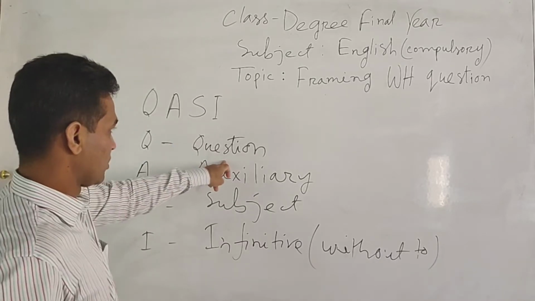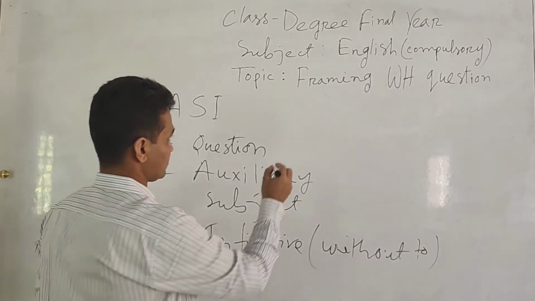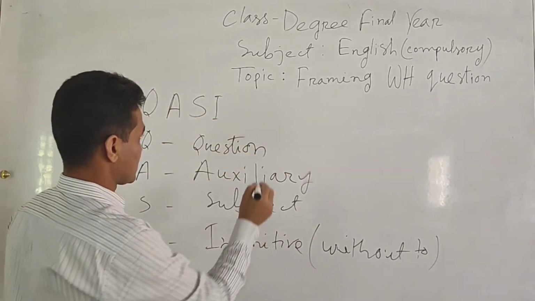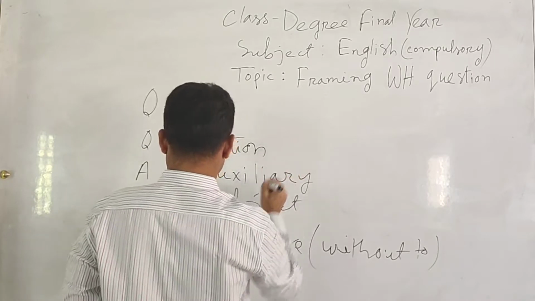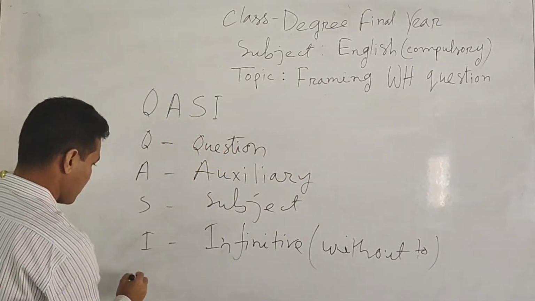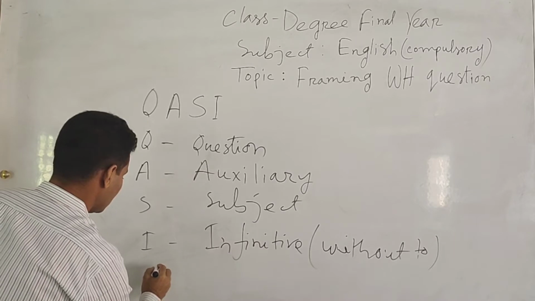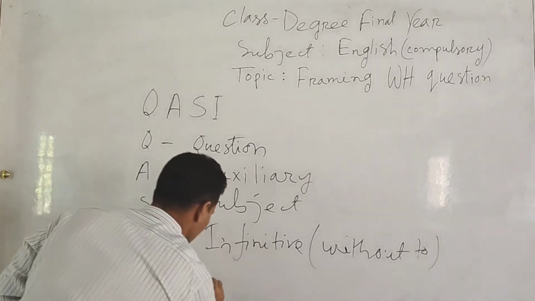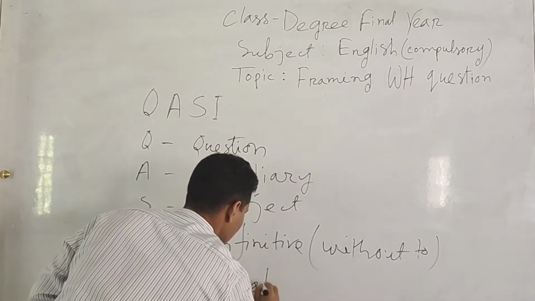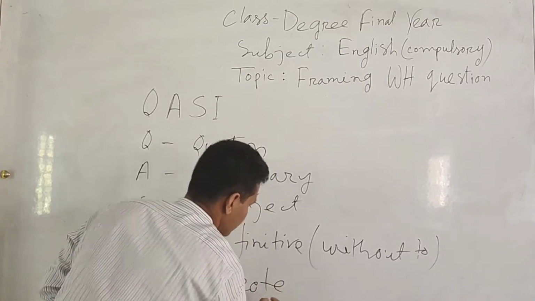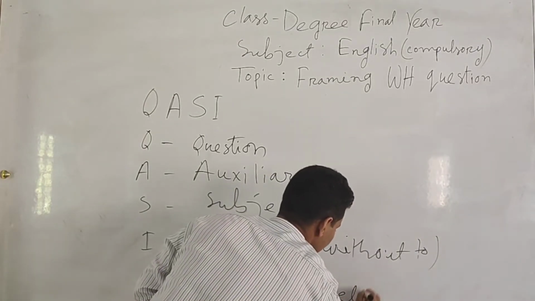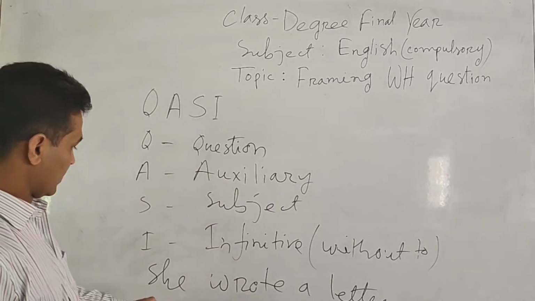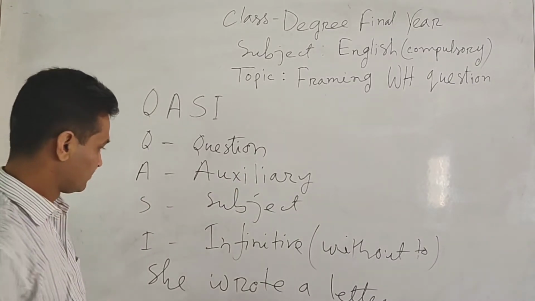Q means question. You have to at first add a question word or WH word first. Suppose I give an example here: She wrote a letter.